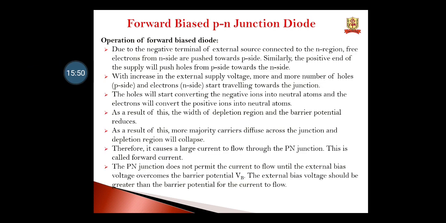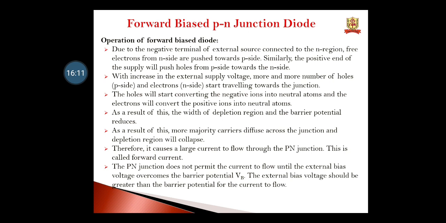Now, because of this battery, the holes will try to move through the depletion layer, enter into the depletion layer, and try to convert the negative ions into neutral atoms, and the electrons will convert the positive ions inside the depletion layer into neutral atoms.